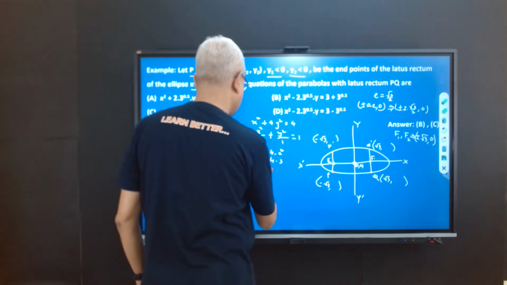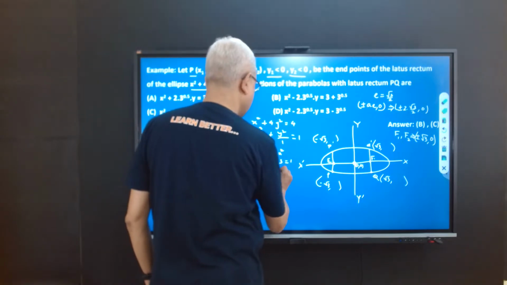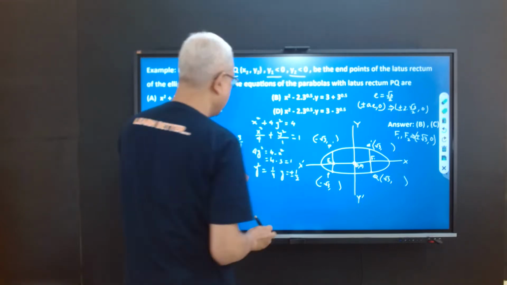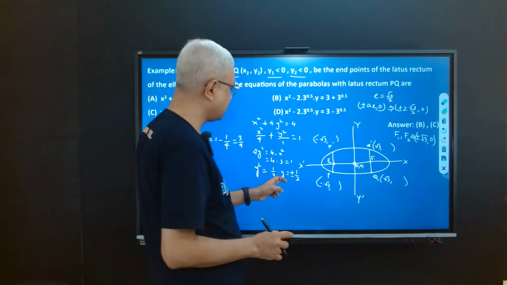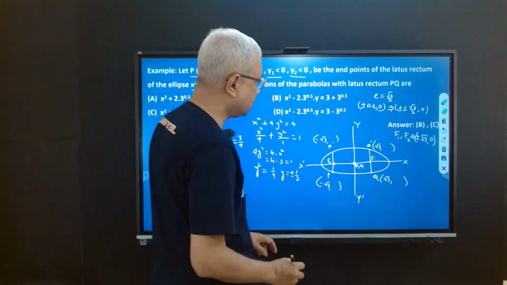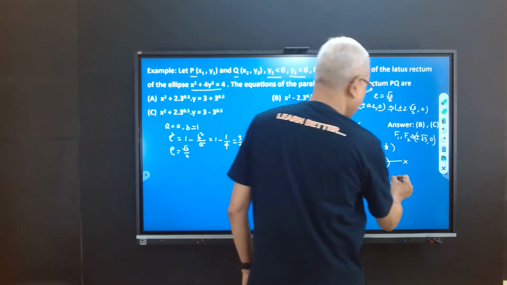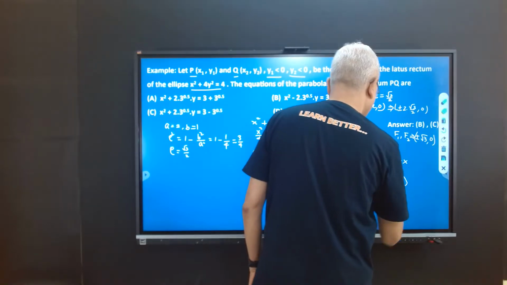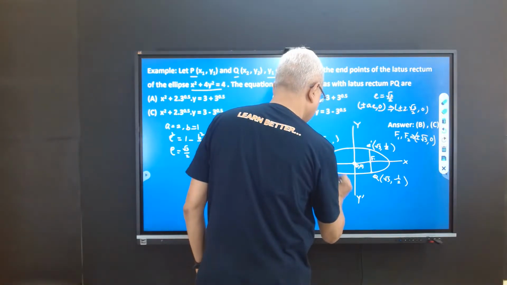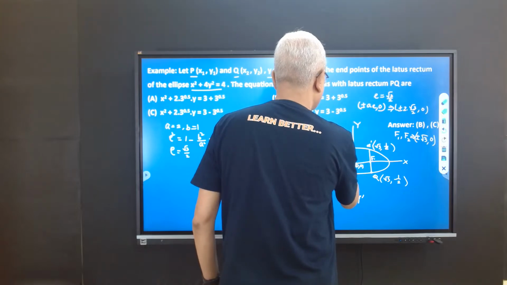So y square is 1 by 4, so y is plus minus 1 by 2. And similarly, if you substitute x equal to minus root 3, again you get y equal to plus minus half. So these points' coordinates will be (root 3, half), (root 3, minus half), and here it is (minus root 3, minus half), and here it is (minus root 3, plus half).